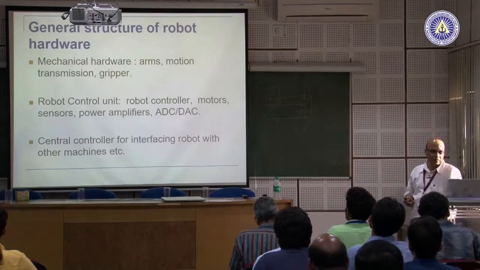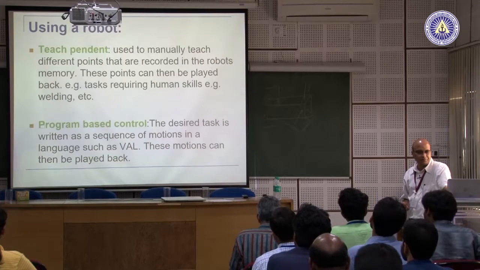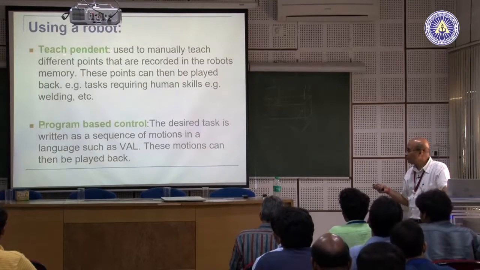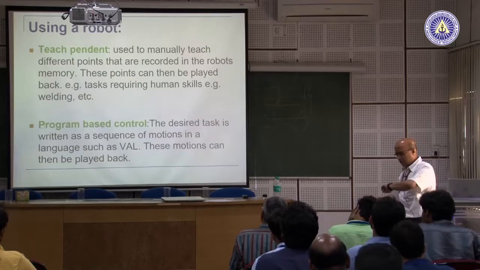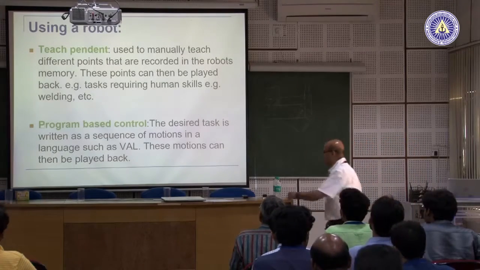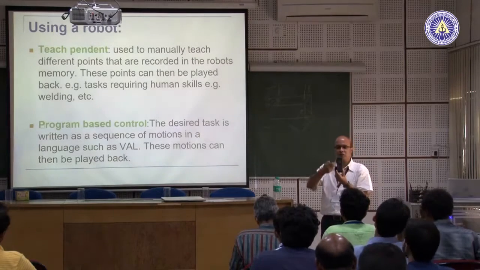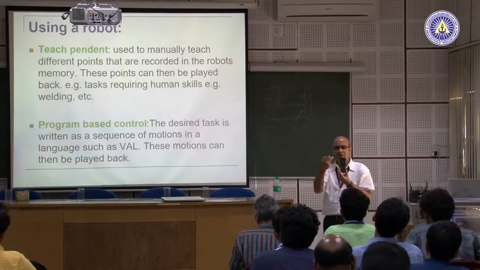Okay. So, we will look at the basic control paradigm. There are two kinds of ways by which you can program. The first is a teach pendant. Now, teach pendant is something like the remote on the TV. So, it looks something like this, and there will be 1, 2, 3, 4 joint numbers. Suppose there are 6 degrees of freedom, there will be 6 joint numbers, and there will be plus minus, plus minus, plus minus.